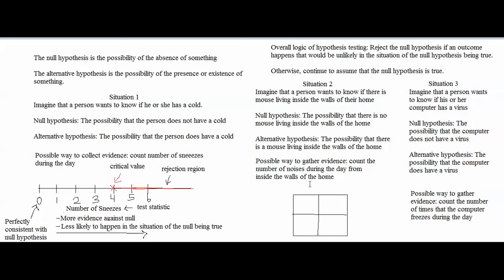So here we have reality, what's actually true. Reality could be that the null is true, or it could be that the alternative is true. And we also have the decision that's made, meaning the conclusion that the person makes.